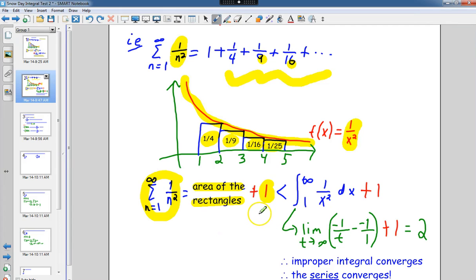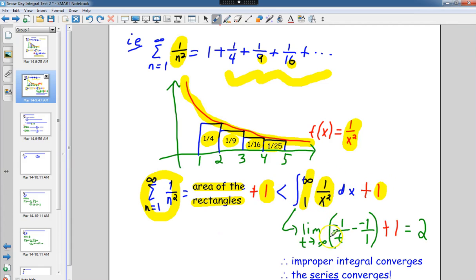And now that we have this set up, if we compare this to the improper integral with function of 1 over x squared, evaluated from 1 to infinity, and then add 1 to that result, the area of the rectangles plus 1 should be less than the value of this improper integral plus 1.